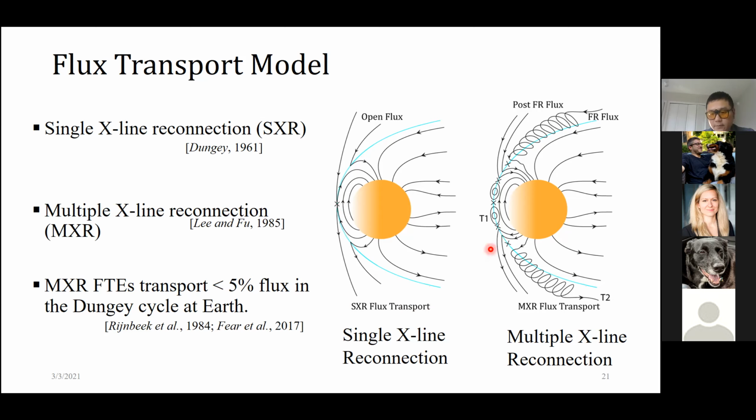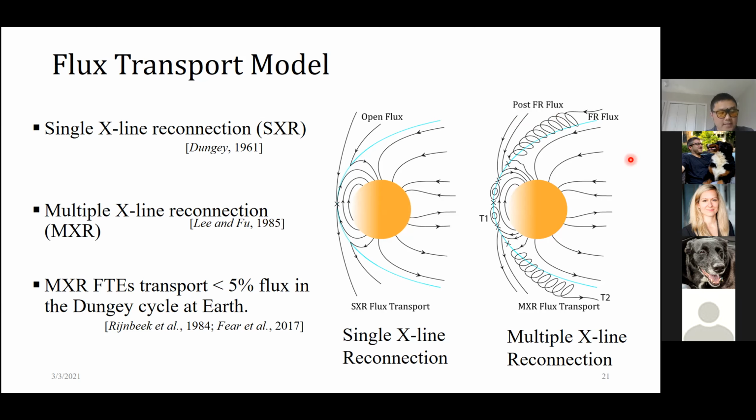And later, Lee and Fu proposed the multiple X-line reconnection. The multiple X-line reconnection generates flux transfer events between neighboring X-lines. And as you see here, the flux transfer events could also transport magnetic flux from the dayside to the nightside.